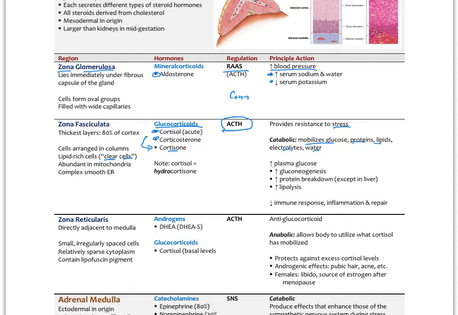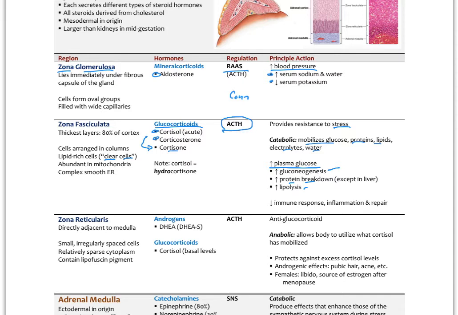So one of its main roles is to increase plasma glucose, and that's going to be through increasing gluconeogenesis, making new sugars in the liver, increasing protein breakdown, except in the liver, but usually mostly muscle protein, and then increasing lipolysis.